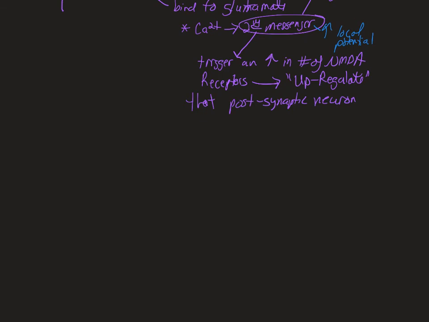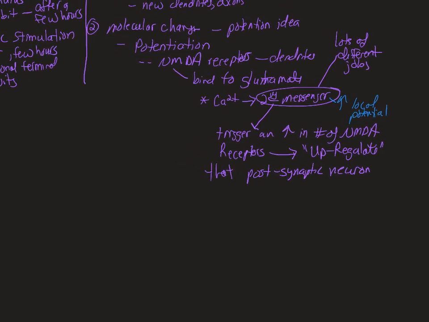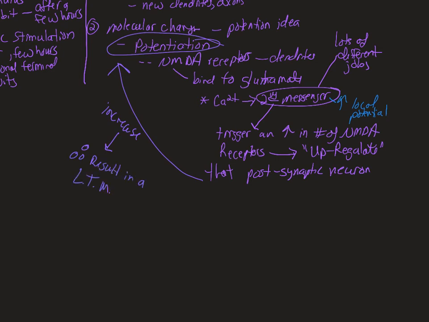So that it makes it easier for it to happen, thereby increasing the potentiation so that you form a stronger, more reliable connection between two interneurons, which will theoretically result in a long-term memory being held in at that synapse, okay?